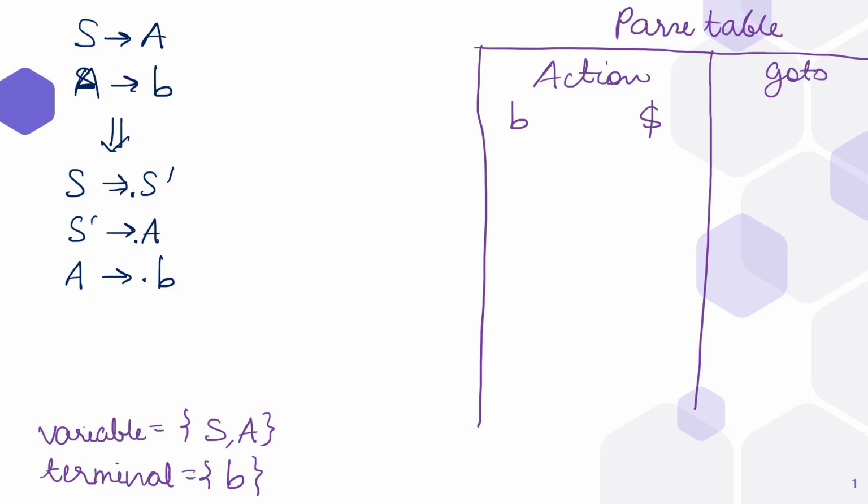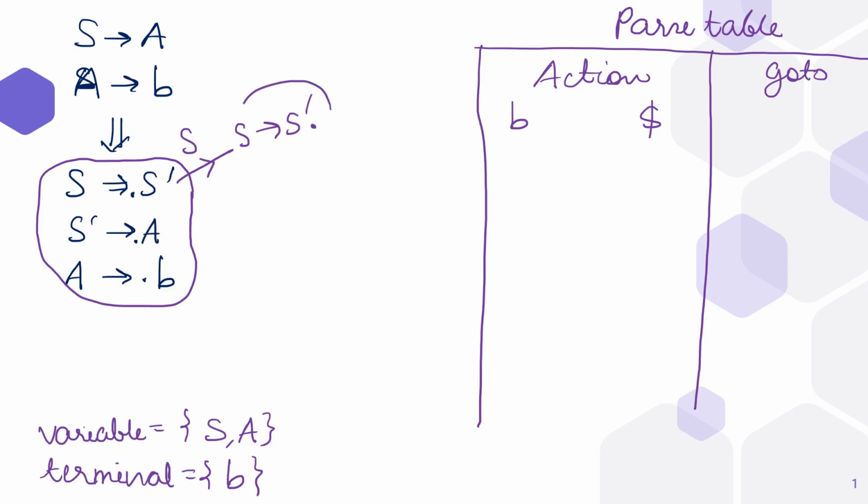Now we have to fill the parse table according to this particular canonical item. So on shifting the value on S, it would go to S dash dot, right? So it means that it has successfully read this particular S. Now on reading the value of A, it would move to A dot.